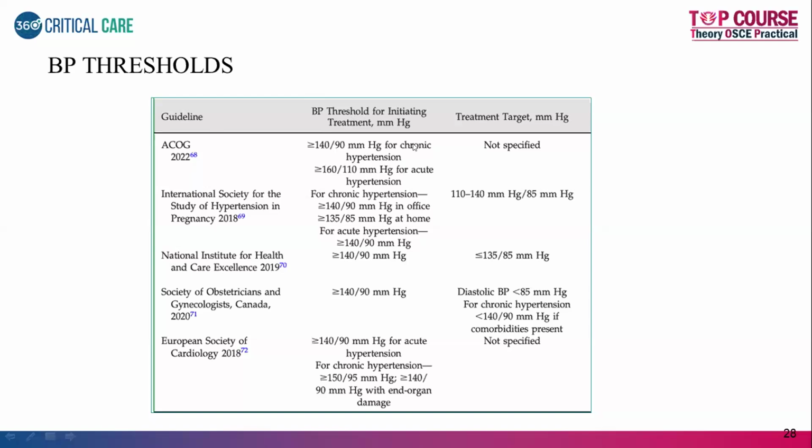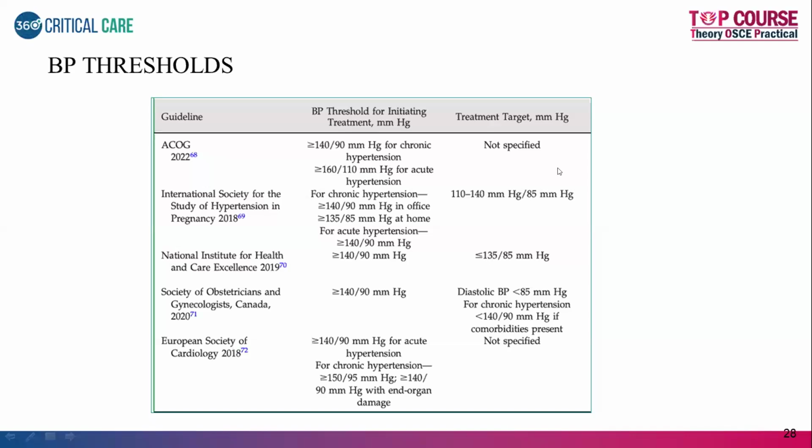For a chronic hypertensive patient, the BP threshold is more than or equal to 140/90. For an acute hypertension patient, it is more than or equal to 160/110 mm Hg. But the treatment target, till how much you should bring the BP down, has not been specified by ACOG.